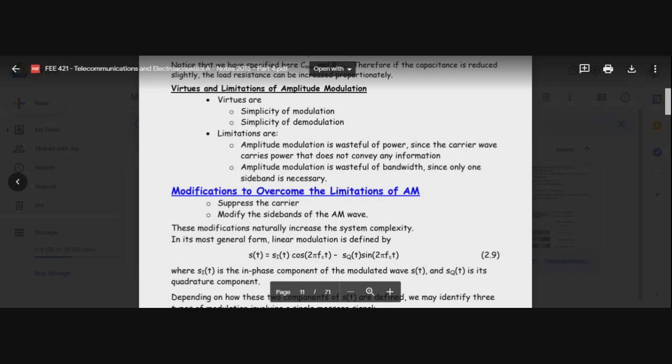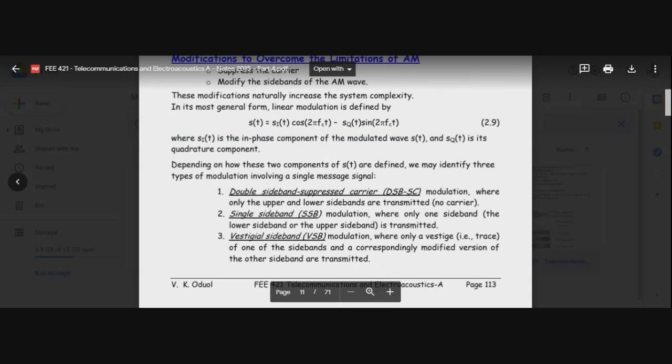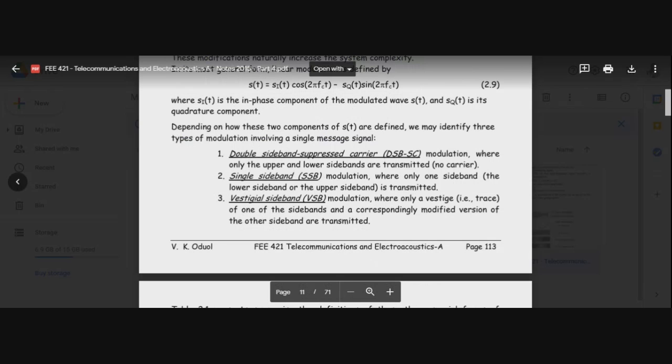We have not yet discussed how we are going to demodulate the suppressed carrier signal. We'll point out its difficulties and how we go about it. But for the moment, we are addressing the second part: amplitude modulation is wasteful of bandwidth because one sideband is sufficient. To respond to that, we are trying to modify the sidebands. And so the solutions are these.